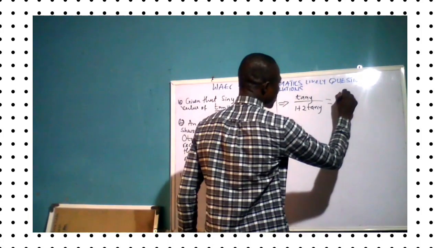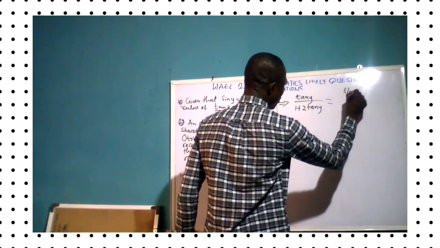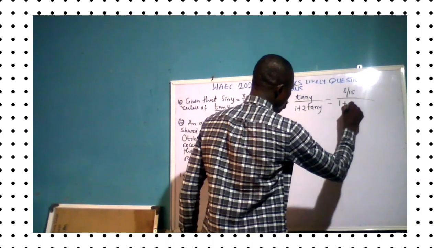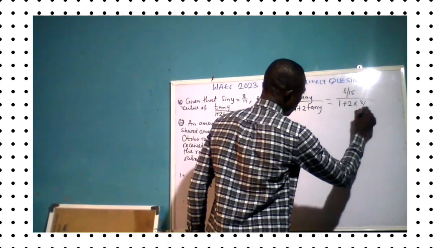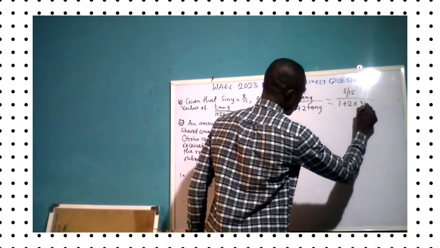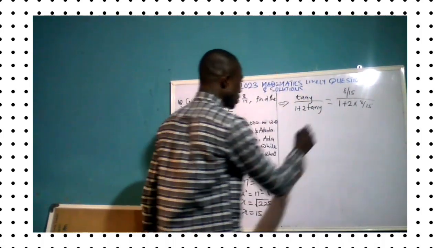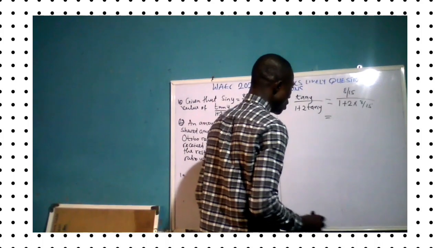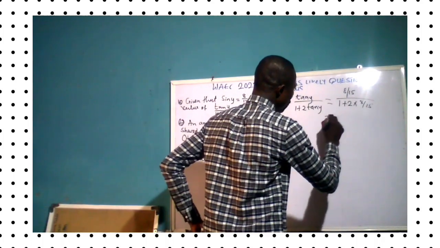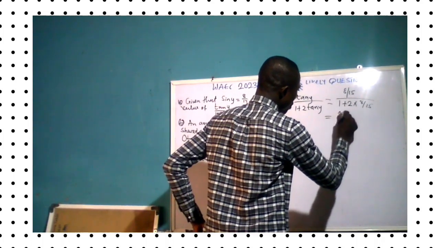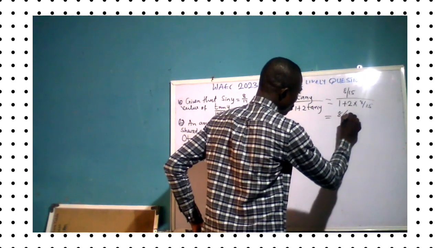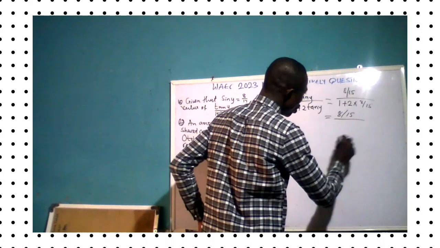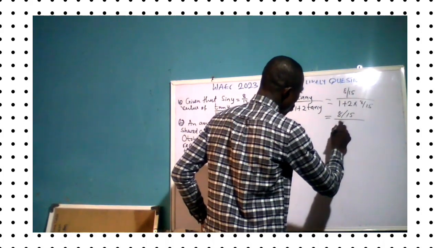So you have 8 over 15 over 1 plus 2 times 8 over 15. With that, you have 8 over 15, all over 1 plus 2 times 8 over 15.